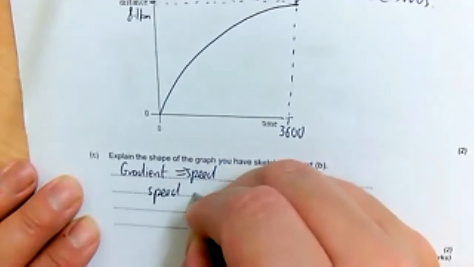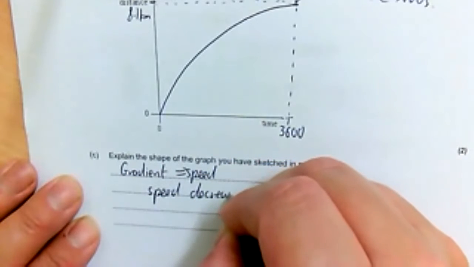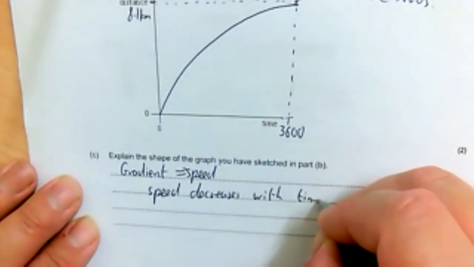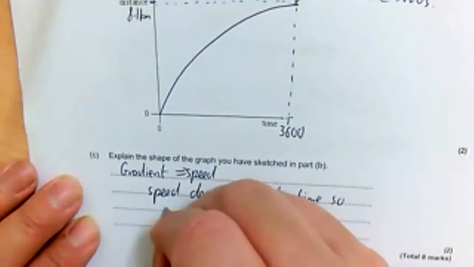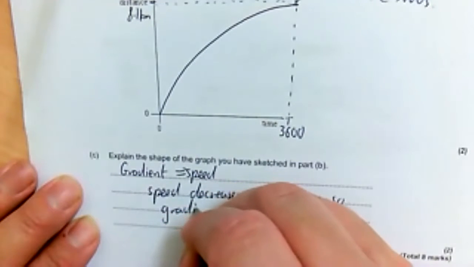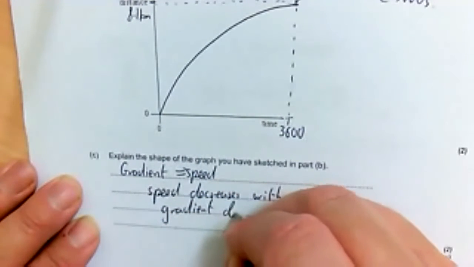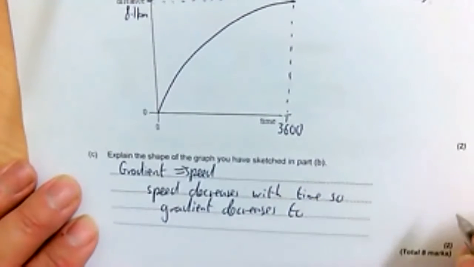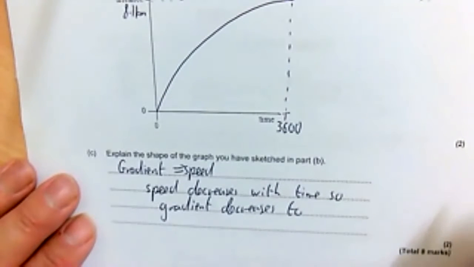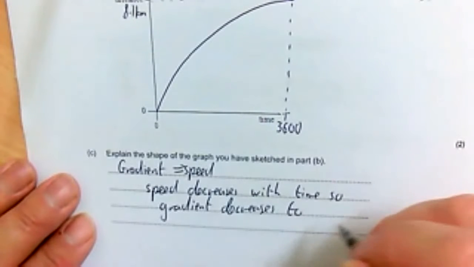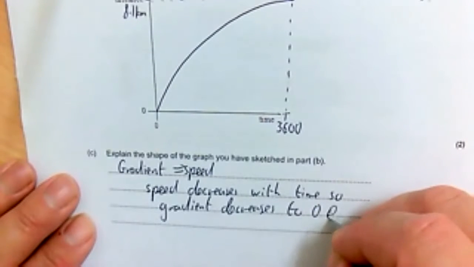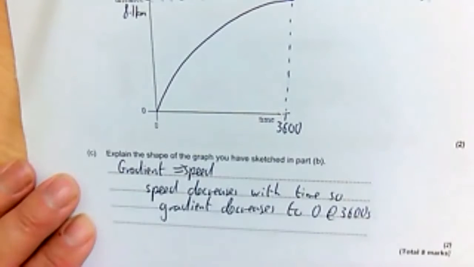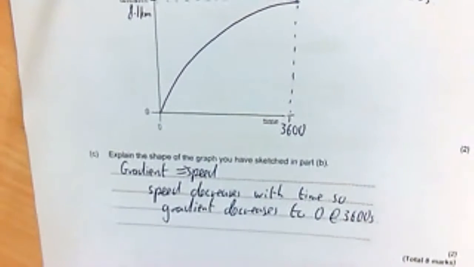And we say speed decreases with time, so the gradient decreases. And we're just going to put that little flourish in there, that little extra something else here. Decreases to 0 at 3,600 seconds. Okay, so you put that little flourish in there just to complete the question.